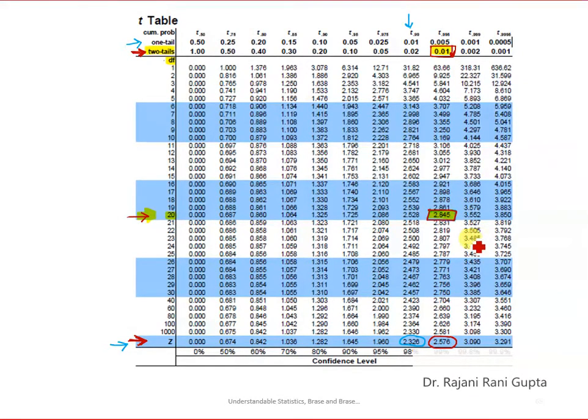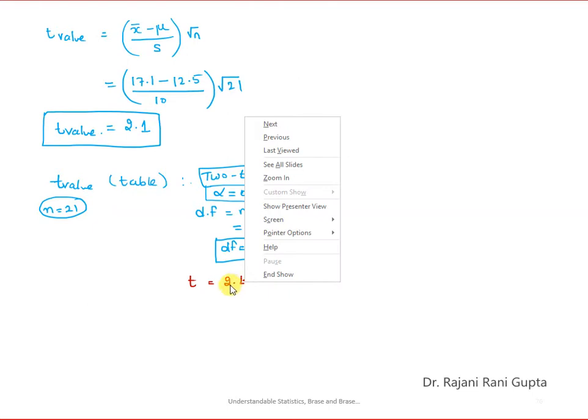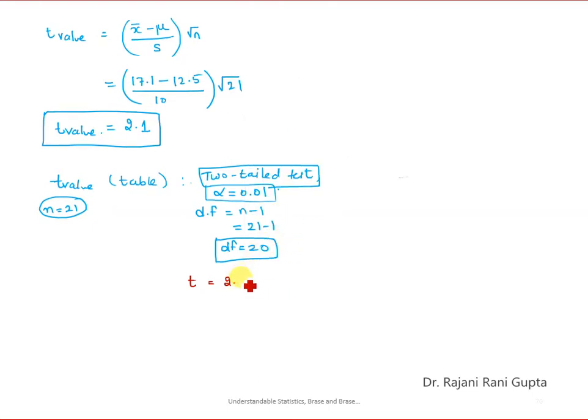So this is the t value from the table: 2.845.